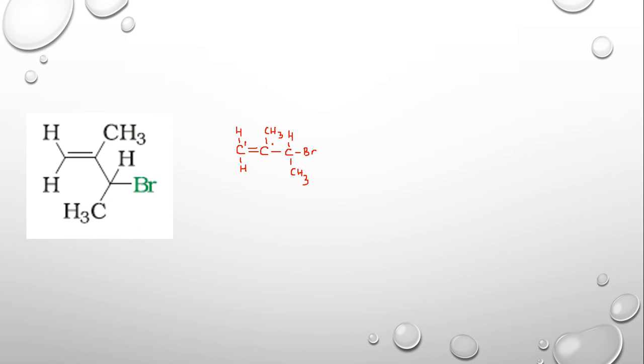Start the numbering. Carbon 1, 2, 3, and 4. So the name is going to be 3-bromo-2-methyl pentene. As we have not written any number previous to pentene, it is going to denote that it contains a double bond which is at position 1 and 2.